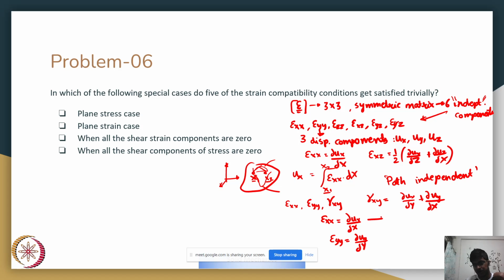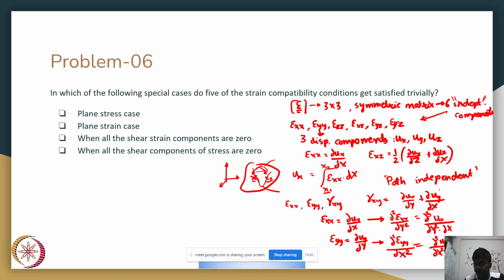If I do a double differentiation of epsilon xx with respect to y, I'll end up with dou square epsilon xx by dou y square, which is equal to dou cube ux by dou y square dou x. Similarly, if I do dou square epsilon yy by dou x square, I'll end up with dou cube uy by dou x square dou y.